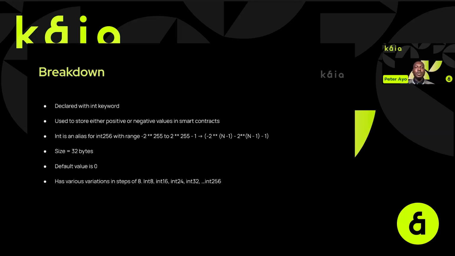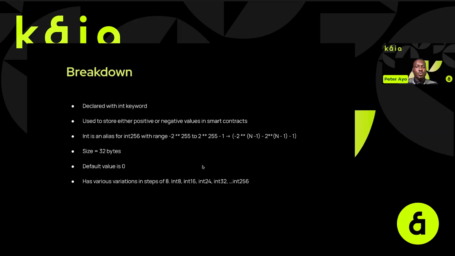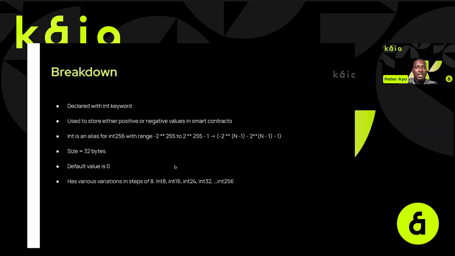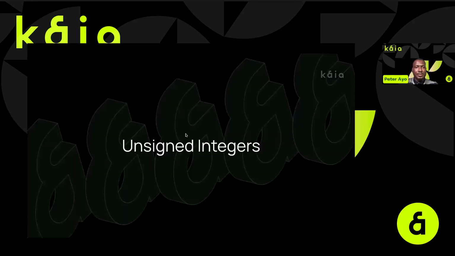And for the positive, for int 8 it is minus 2 raised to power 7 to 2 raised to power 7 minus 1, right? So let's go to Remix so we can see how this works in practice.